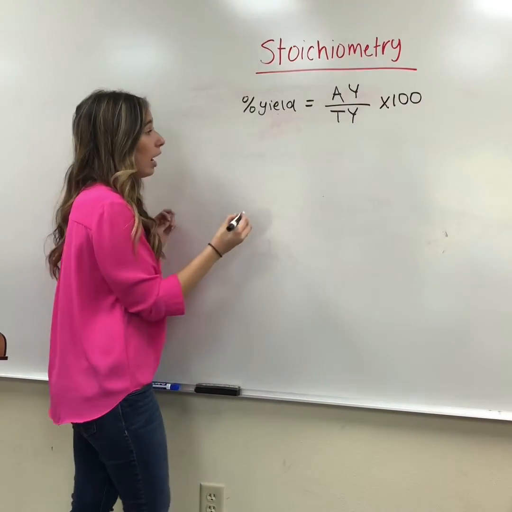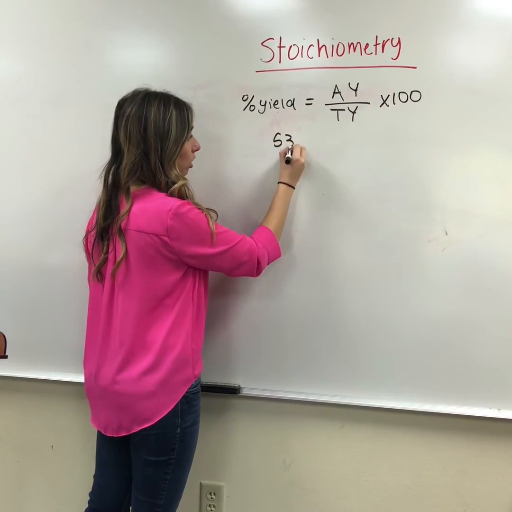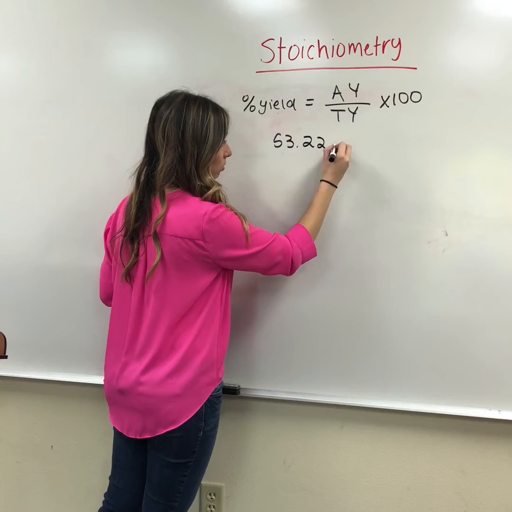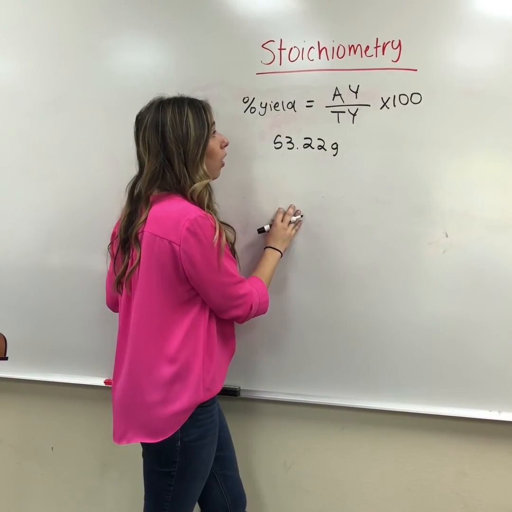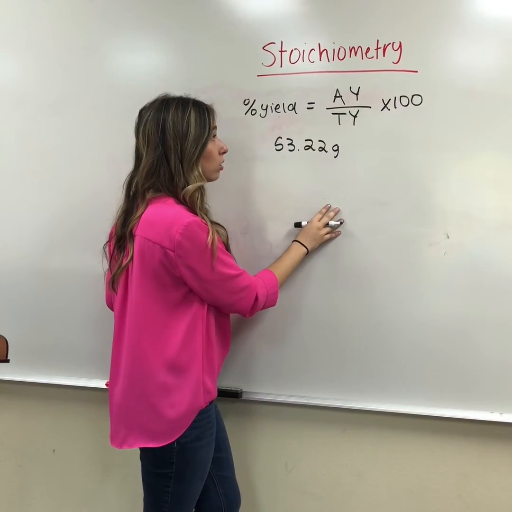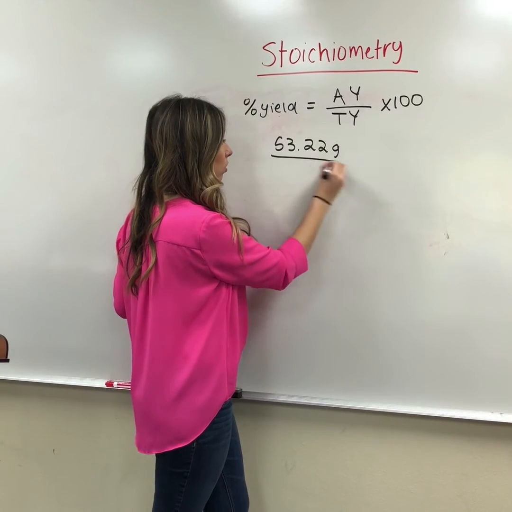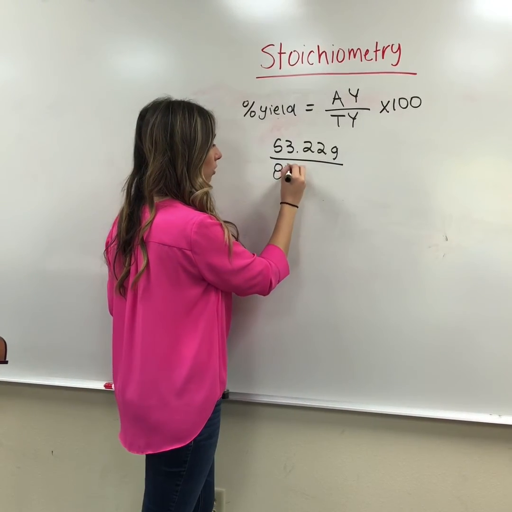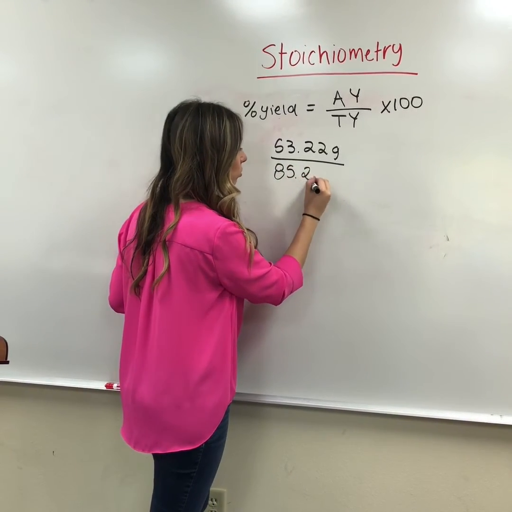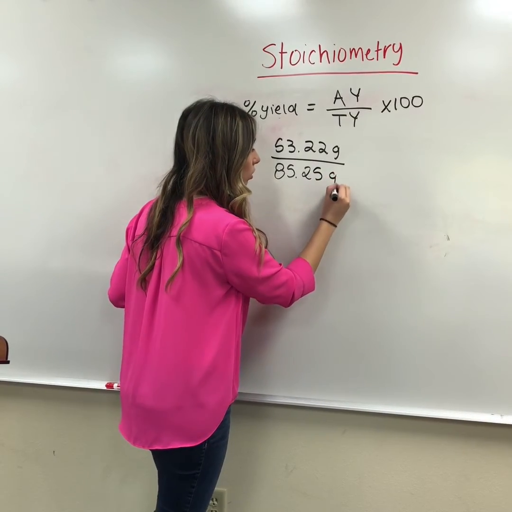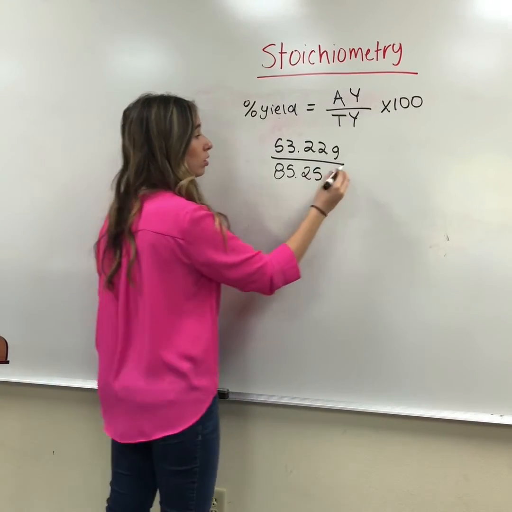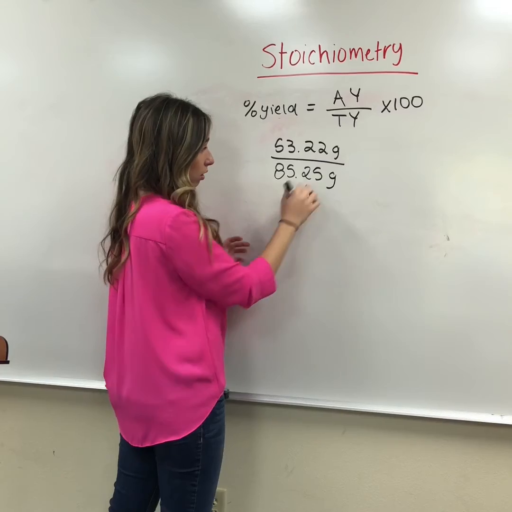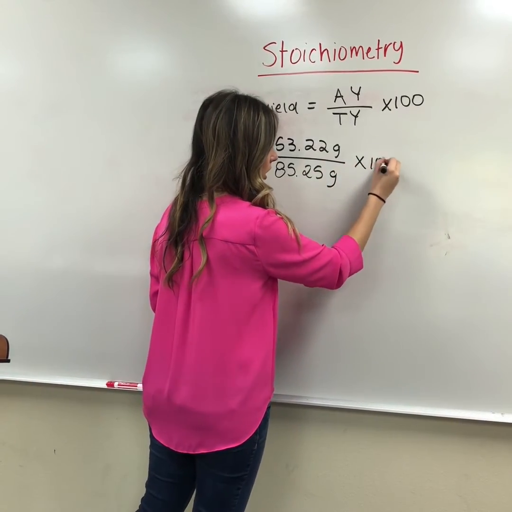So let's say we had 53.22 grams as what we got, our actual yield, over 85.25 grams. That's what we're supposed to get, times 100.